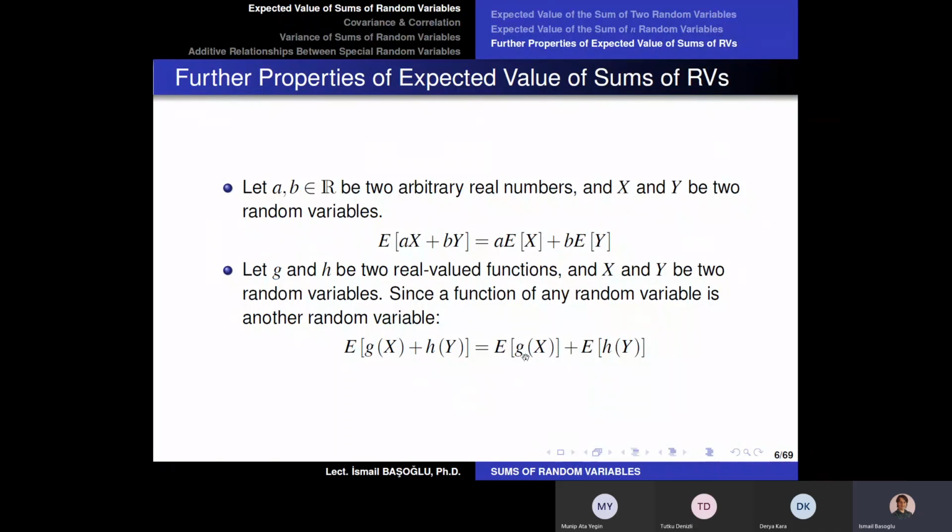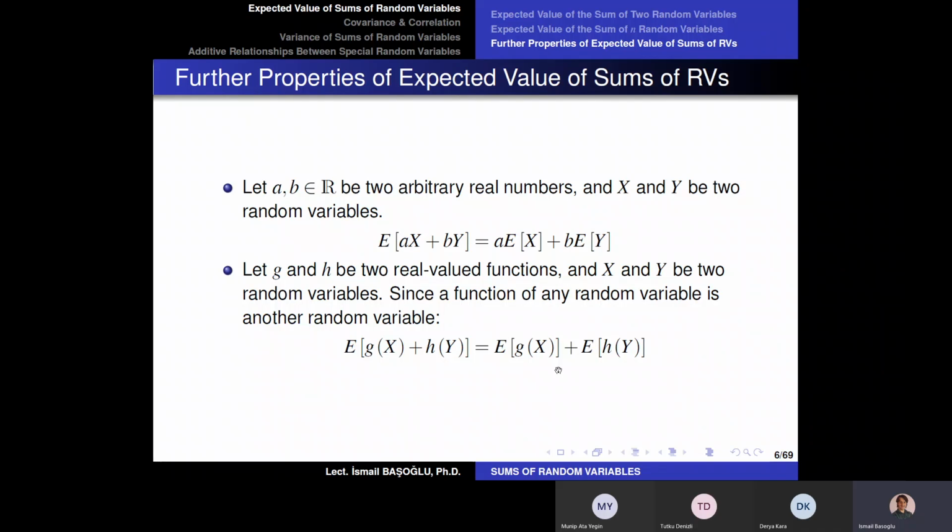However, we cannot take the functions outside the expectation, because we know from the 6th chapter that the expected value of functions of random variables are not equal to the functions of the expectations. However, the expected value of the sum of two functions will be equal to the sum of the expectations of the individual functions. Okay, so we can do that.